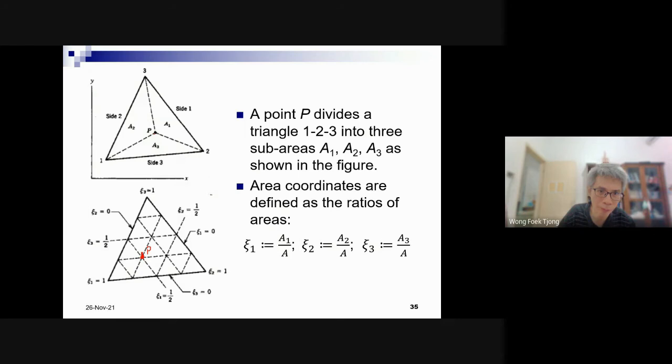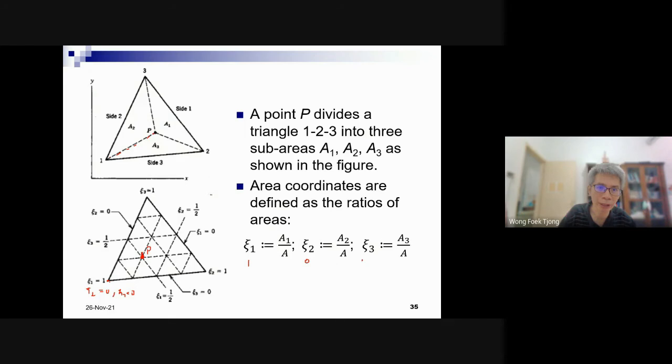I move the point P here. What will be A1? A1 will be equal to the total area, right? So in other words, C1 will be 1 and the others 0, right? So this is the point where C1 is 1, but C2 is 0, C3 is 0. So this is the coordinate of this point.